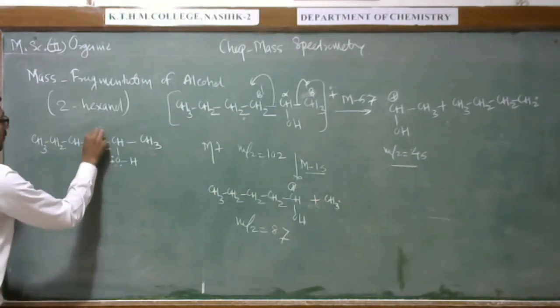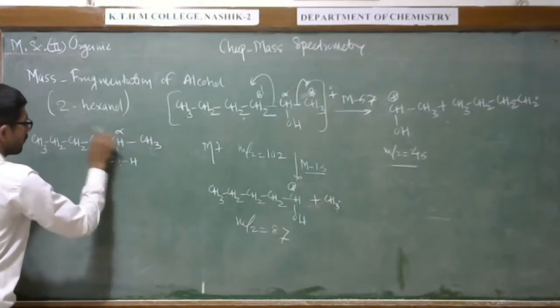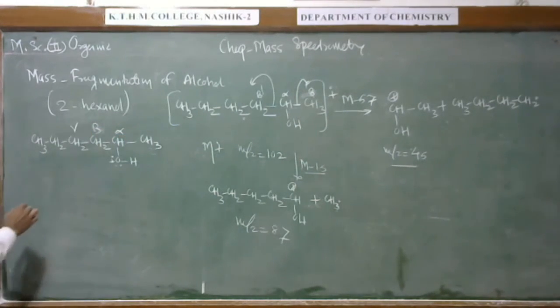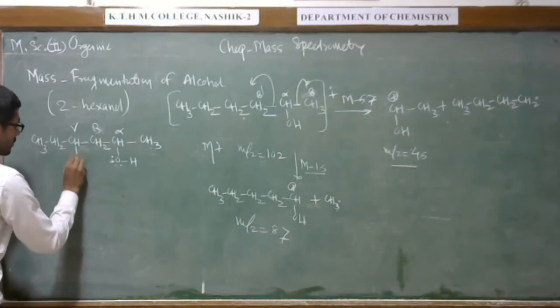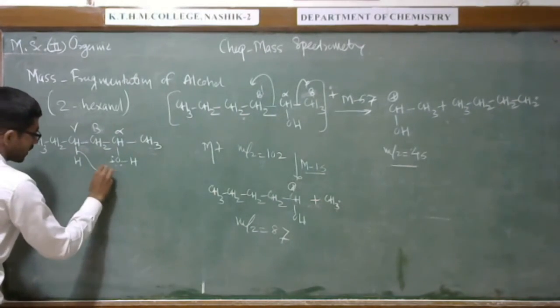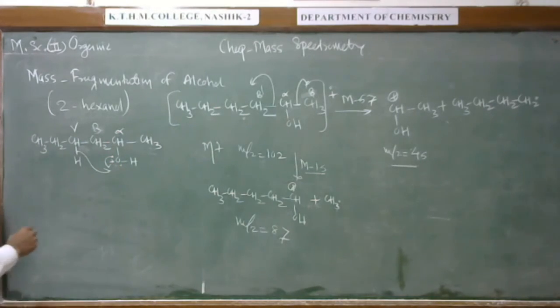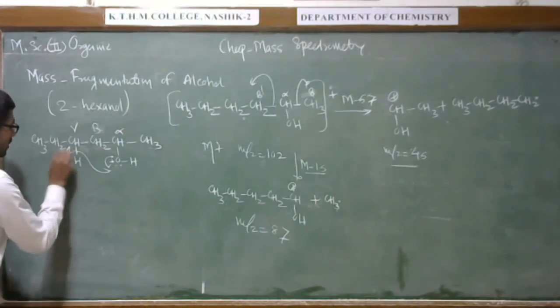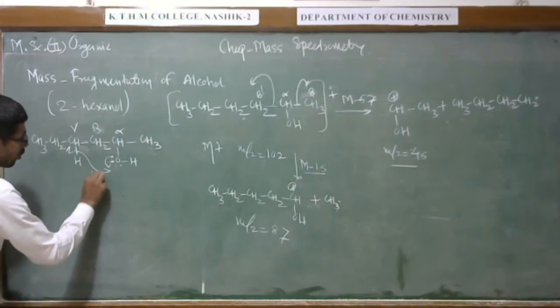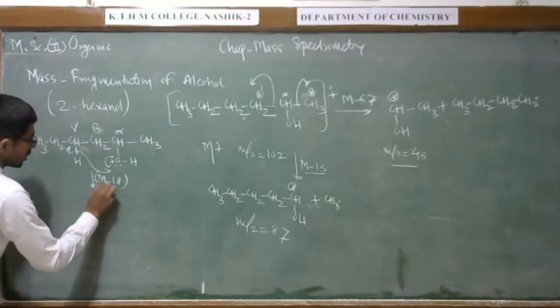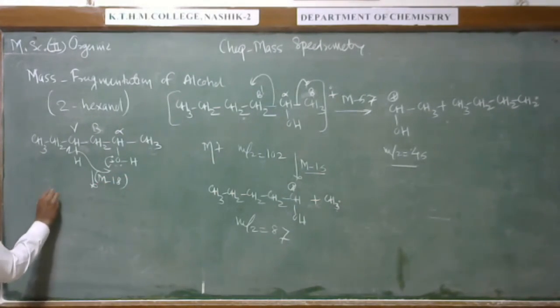Okay, alpha, beta, and gamma. This gamma hydrogen is abstracted by this. One electron is combined here, this electron remains here. So overall loss of water molecule, M minus 18.